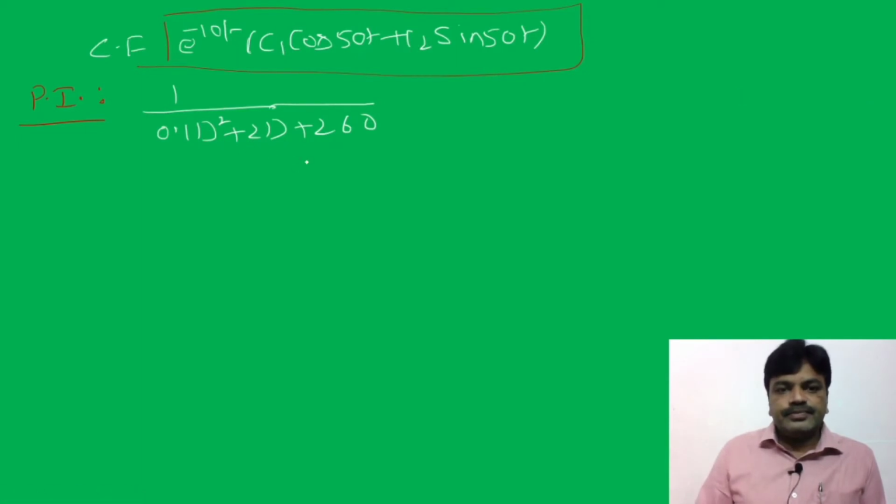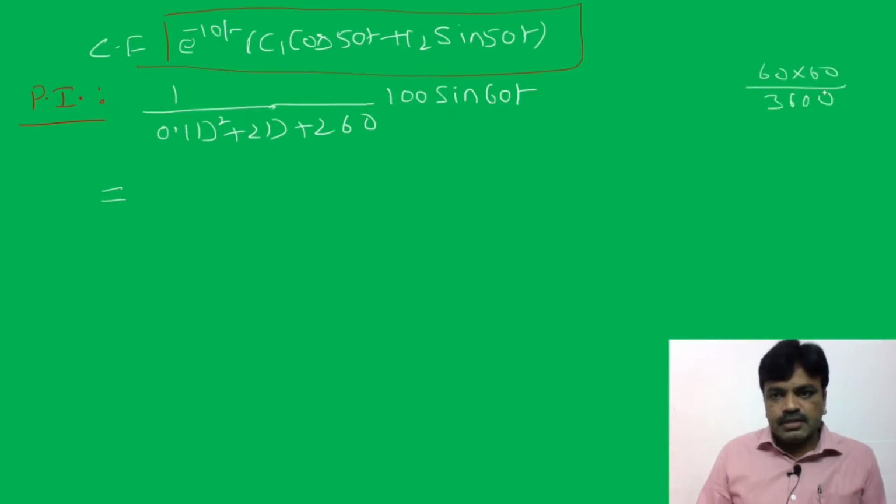100 sin 60t equals, we have a trigonometric function, so replace D square by minus 60 square. 60 square means 60 into 60, we get 3600.